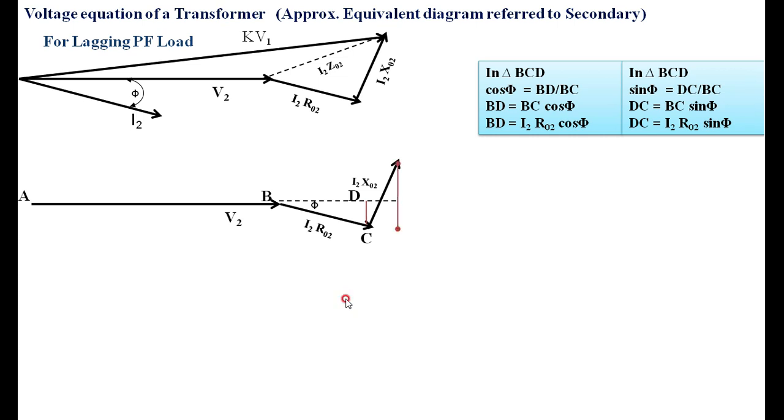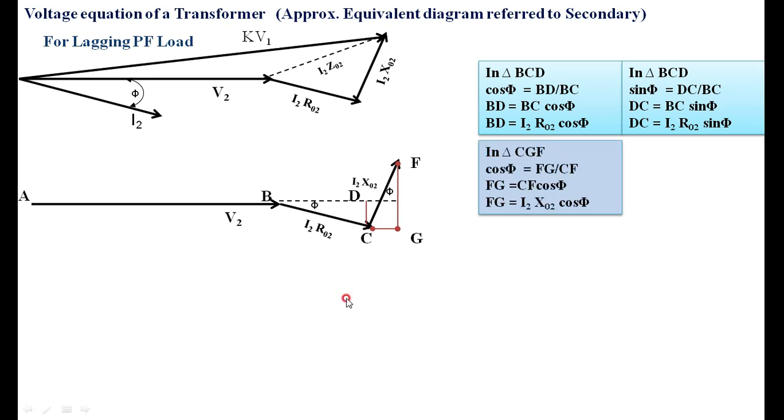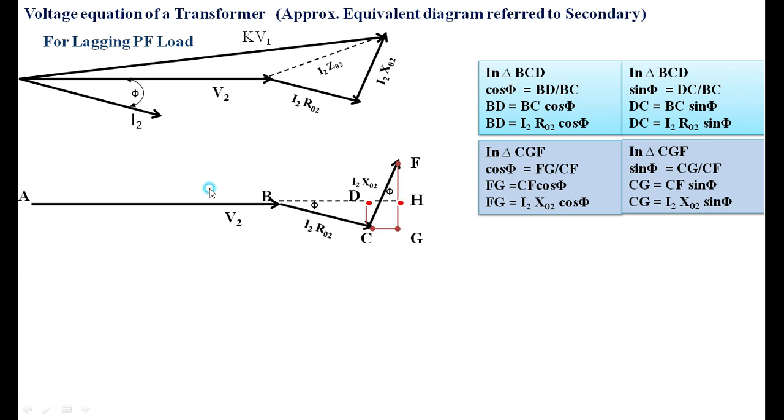Similarly, I2 X02 is also resolved into two components. Then finally you find the value of FG as well as CG. Then ultimately you get the value of K V1.